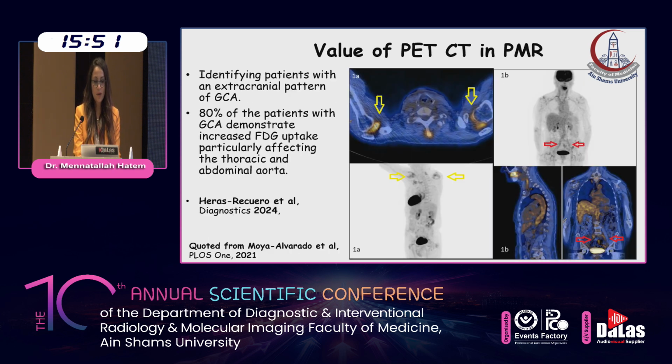Here, PET-CT can identify the extracranial pattern of giant cell arteritis. This is a case, there is an uptake around the glenohumeral joint, but also an increased uptake around the aorto-iliac bifurcation that corresponds to vasculitis in this case.